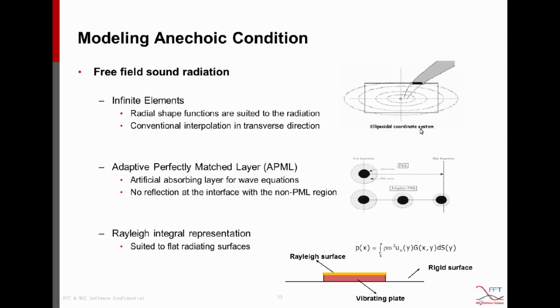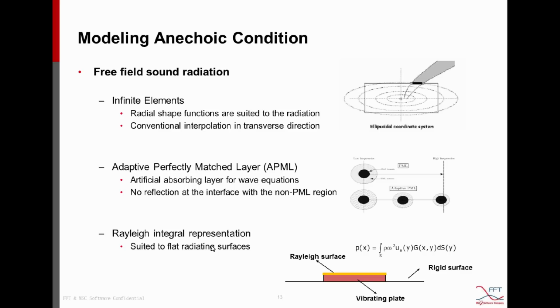And for flat surface, there's a third alternative, which is called the Rayleigh integral method. The advantage of this Rayleigh integral method is that it doesn't rely on the volume mesh. The acoustic radiation can be done into free field directly on the structure surface. No exterior mesh will be needed.